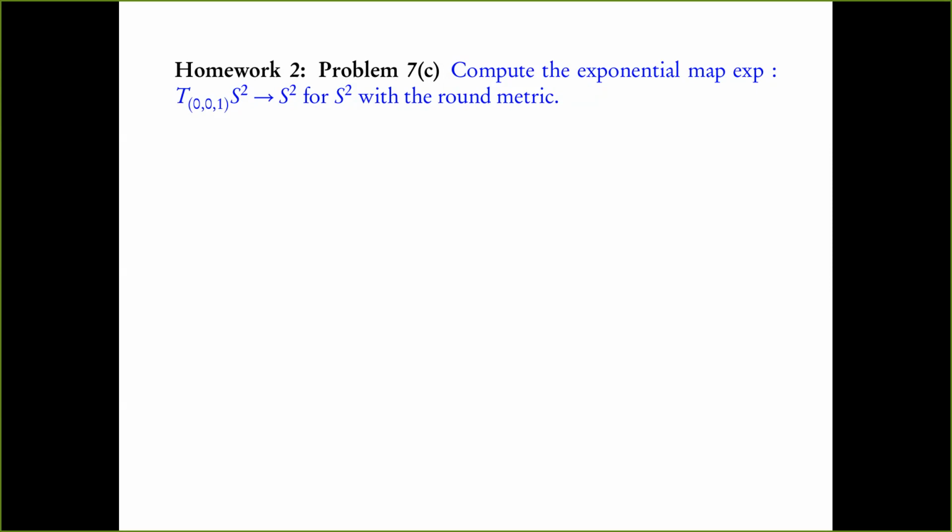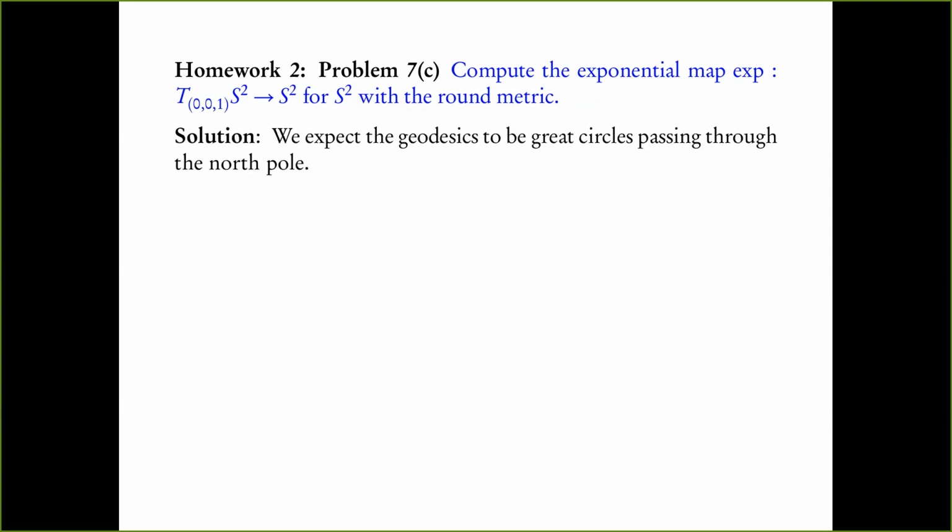Okay. All right. So we already know what to expect, right? We know from studying the globe, atlases, looking at the world map and so on, that the geodesics are great circles, because planes tend to travel along great circles to minimize various things. So we know that geodesics are to be great circles passing through, in this case, the North Pole, because the exponential map is initialized at (0, 0, 1).